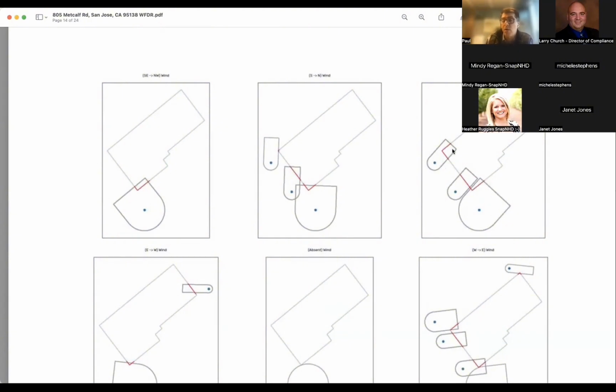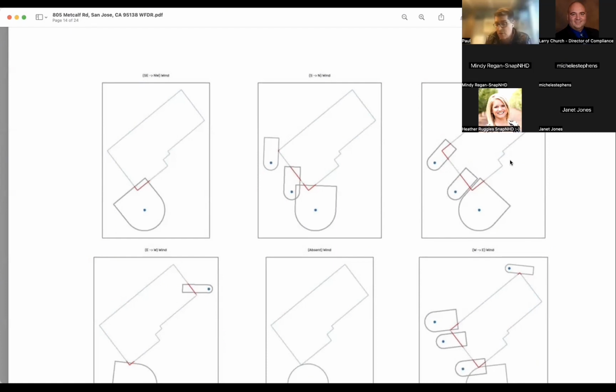What this is telling you up here is that in this wind condition, these 3 trees on the south side of the structure are going to create flames that will touch the structure. And we can assume if they're going to put flames onto the structure that by hook or by crook, they will cause the structure to ignite.